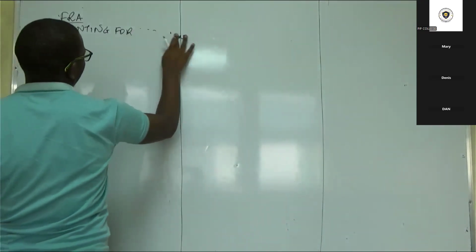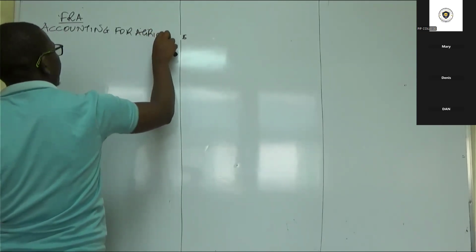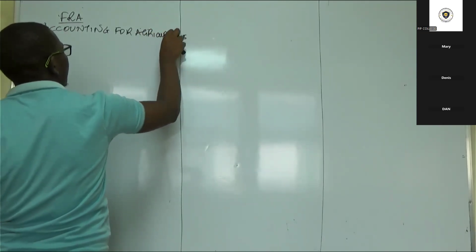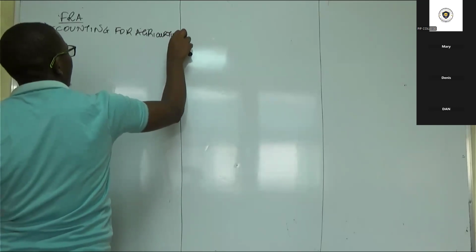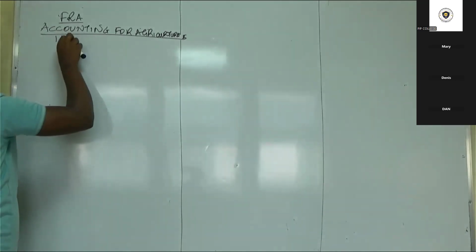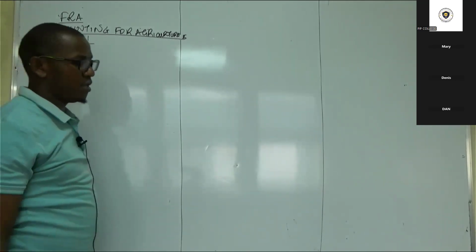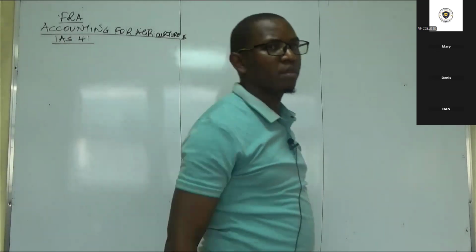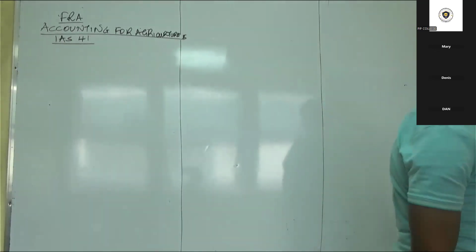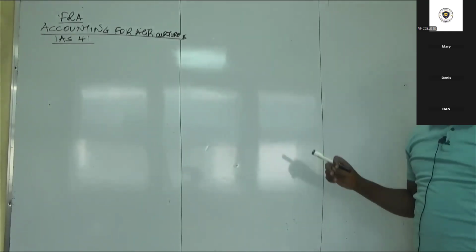Now, IAS 41 provides for accounting for farming activities.